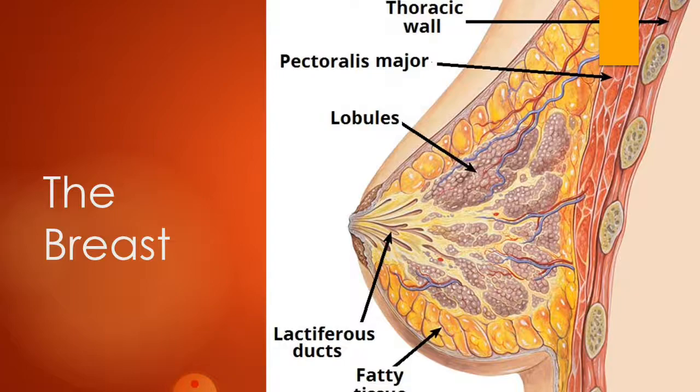Next, there is the connective tissue and the fat that provide support to the breast. This is the fat, and between the lobules you can appreciate the connective tissue.